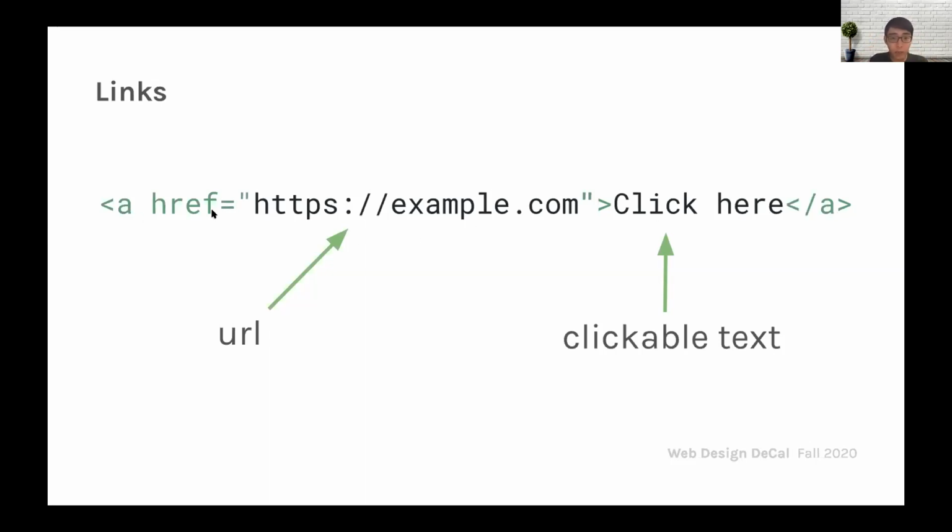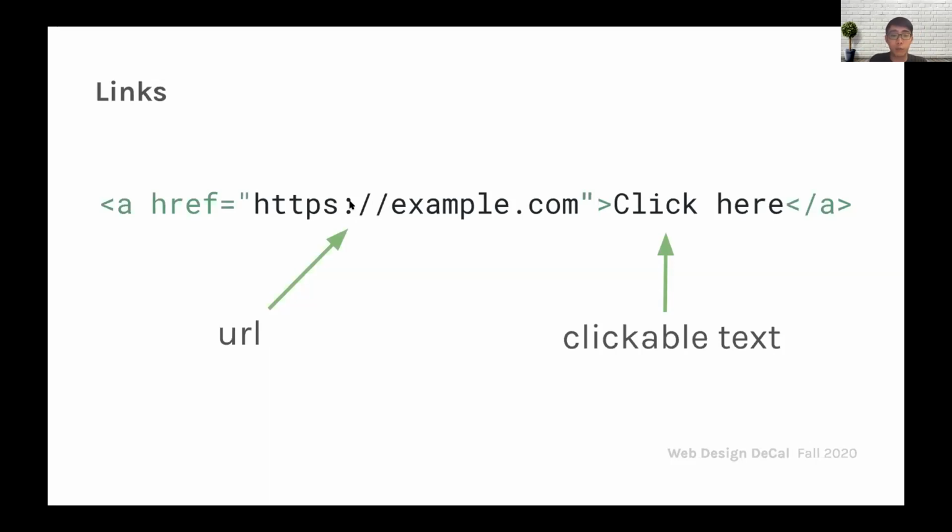And then as part of the anchor tag, we have an attribute known as the href, which contains a URL. In this case, we're just using example.com. And one thing to be sure of is when you're using an href that you want to redirect to another page, so not a page within the same website, you always want to have either http:// or https://.